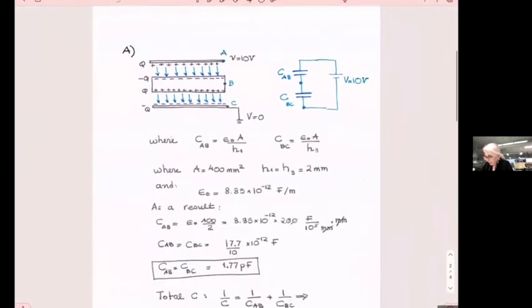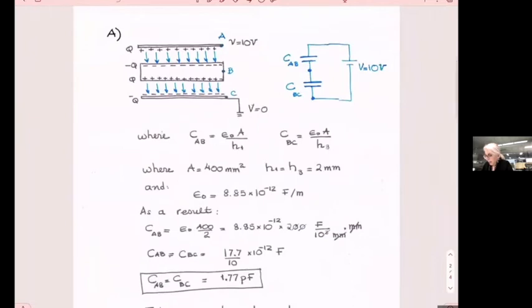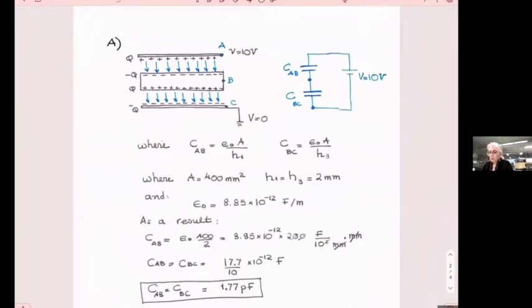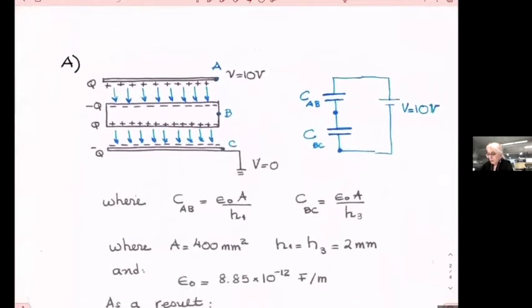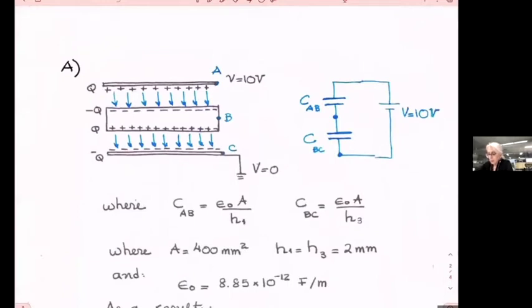Now, in this particular case, if I were to ask you about a problem like this, what you need to remember is how the charges will distribute. For example, if the upper plate is at a positive voltage of 10 volts, there will be all positive charges there, uniformly distributed.